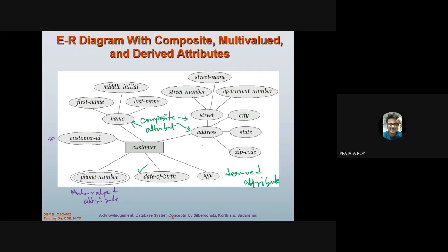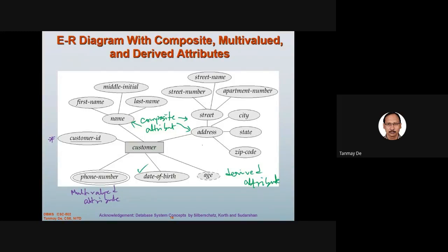Is there any different notation for composite attributes, sir? For composite attributes, some other books sometimes use some notation, but it is not necessary.